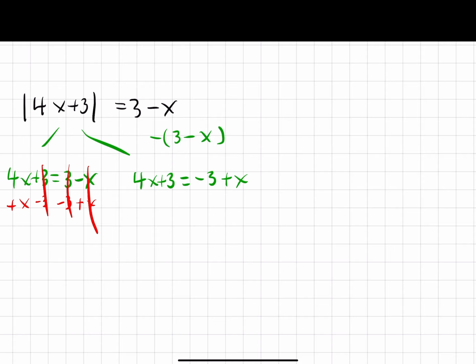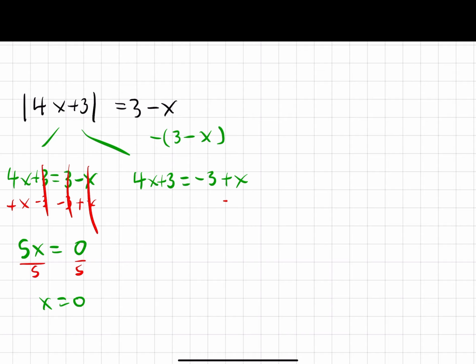Added x to both sides, so I'm left with 5x equals 0. And if I divide both sides by 5, 0 divided by 5 is still 0. X equals 0.